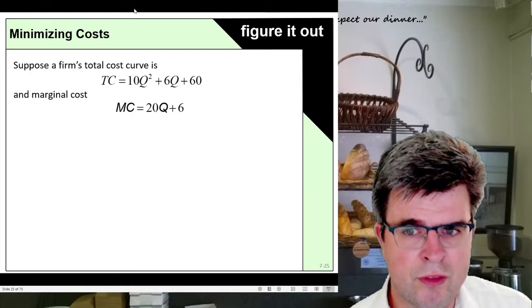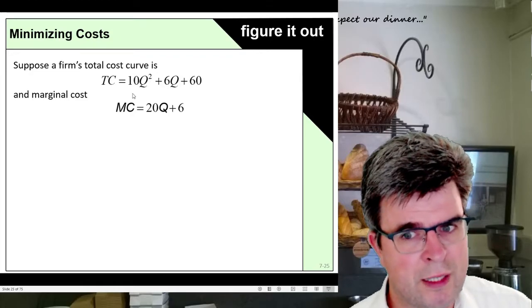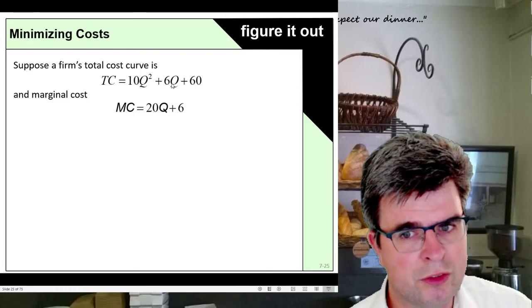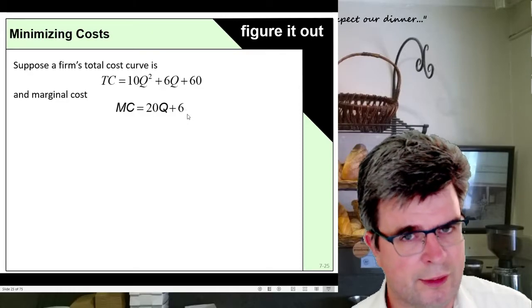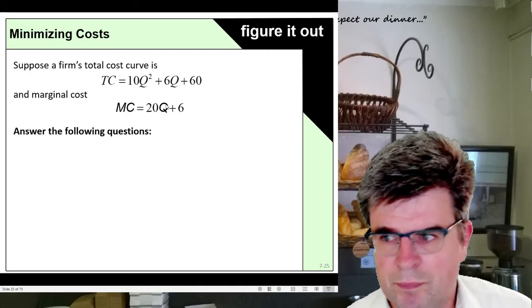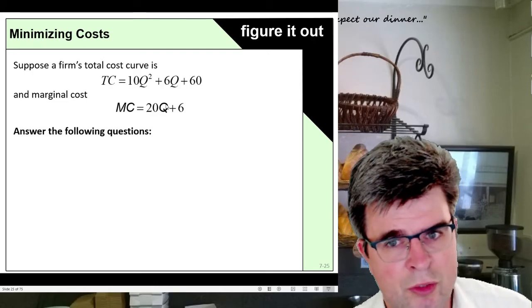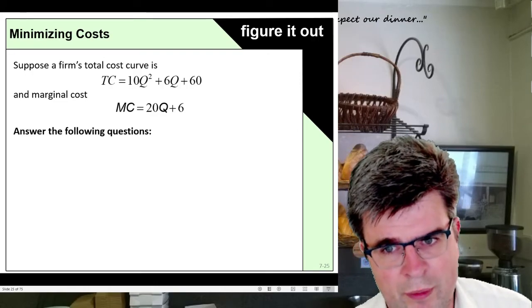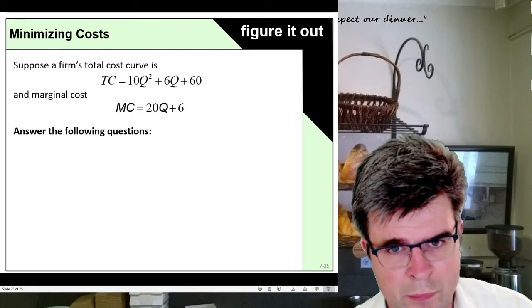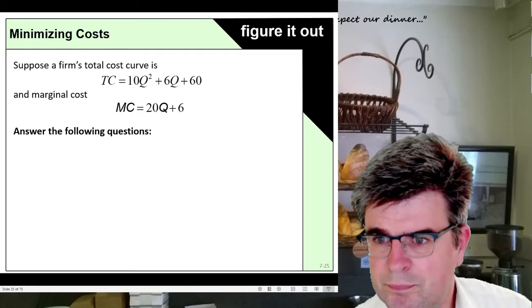Taking the derivative of the first equation gives you 2 times 10, which is 20q, plus the derivative of 6q, which is 6. The book makes it easy for you by often giving the marginal cost function, whereas it actually should not be given because you are able to derive it from the total cost function.